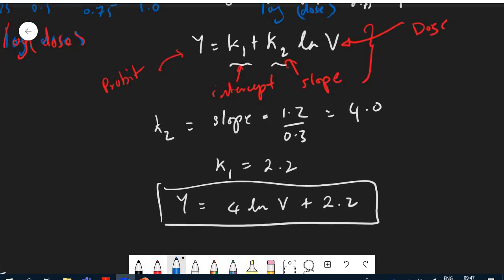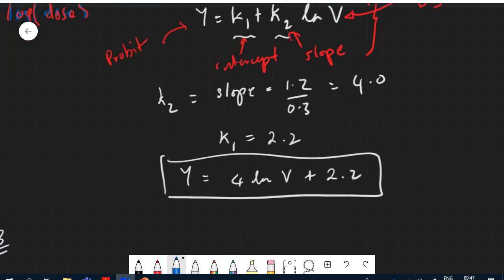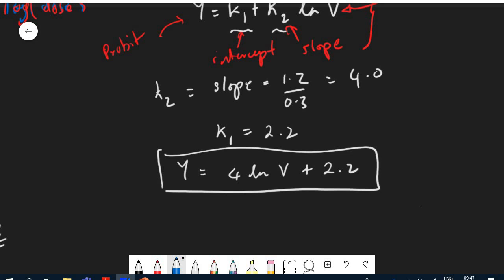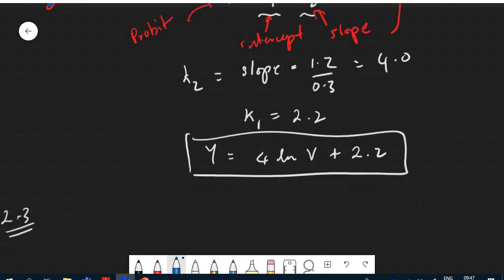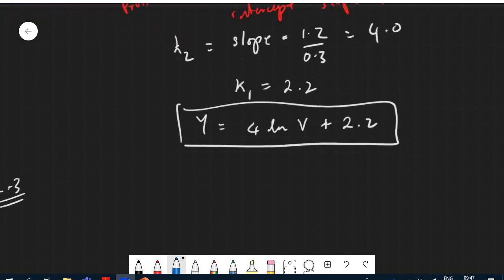So k2 is equal to 4, k1 is equal to 2.2, and that is the equation that we have obtained for our problem. Great. So that was problem 2.2.